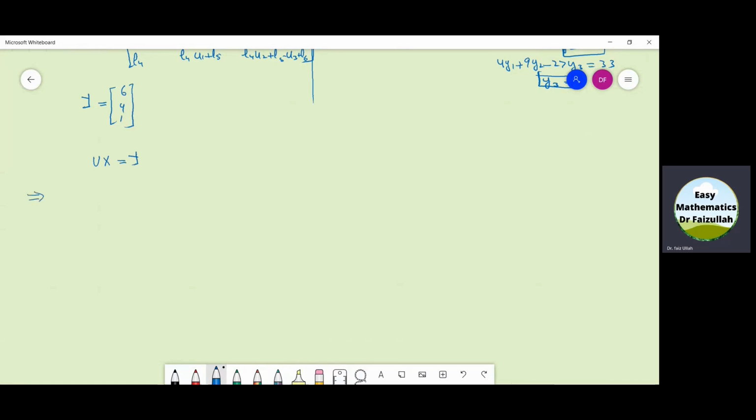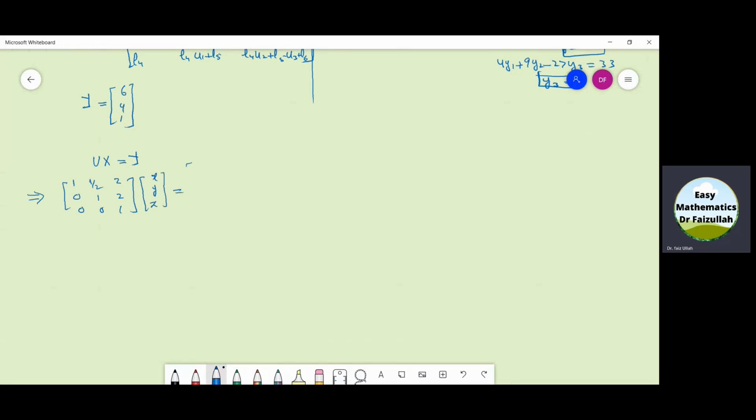Putting values in this equation, we have 1, 1 over 2, 2, 0, 1, 2, 0, 0, 1. And the values of x, we have x, y, and z.